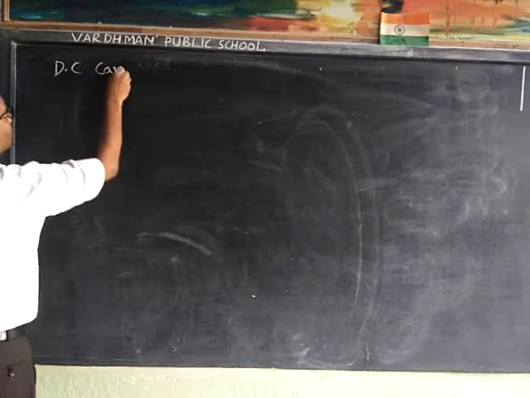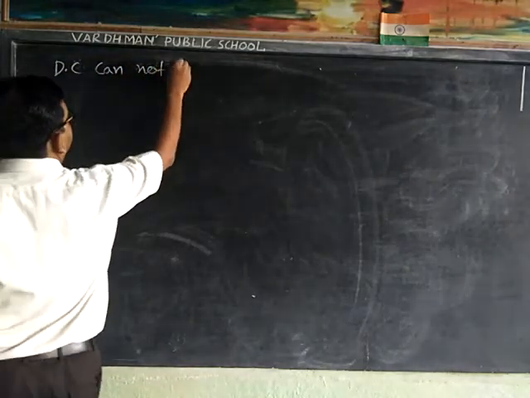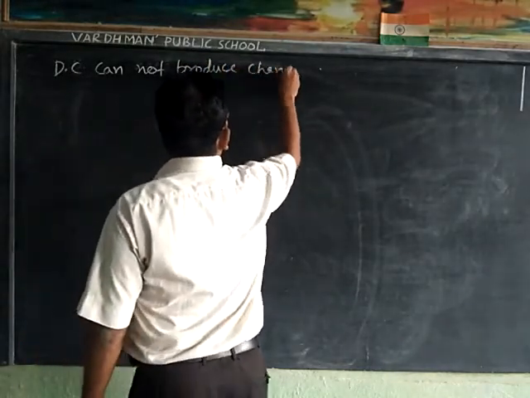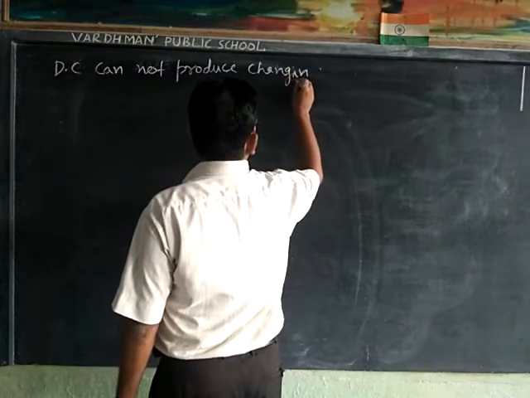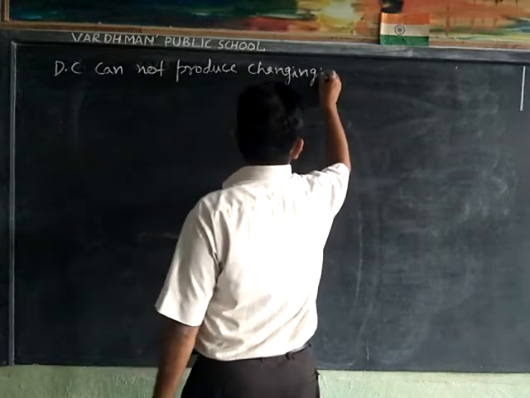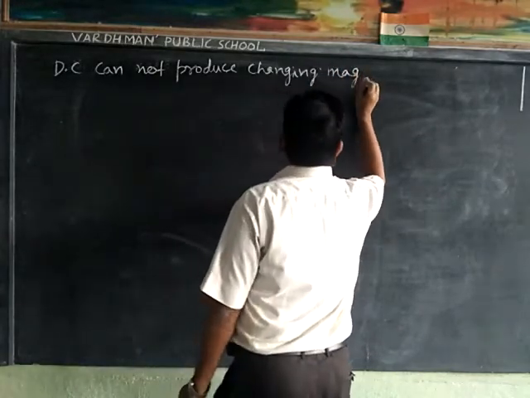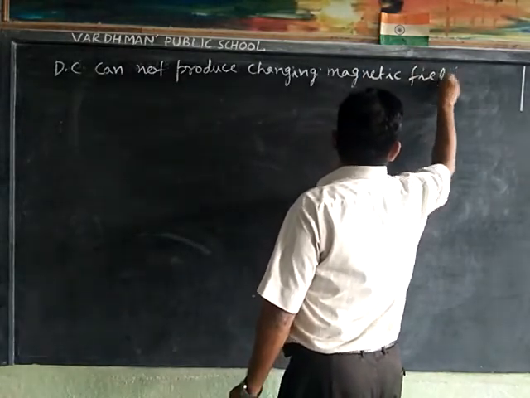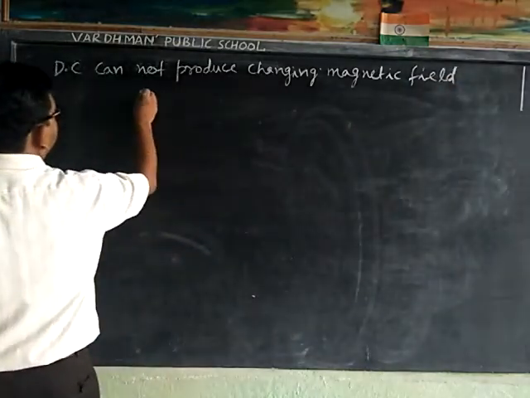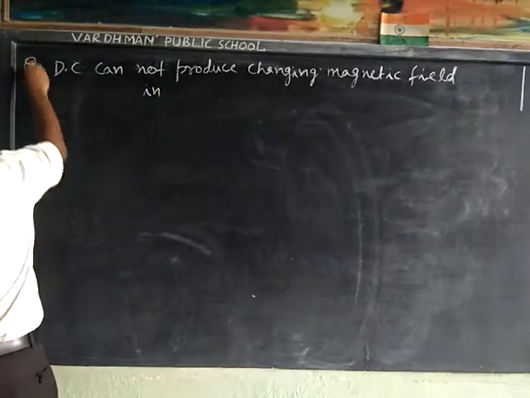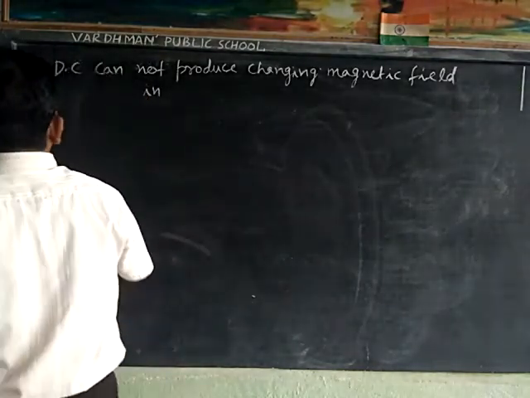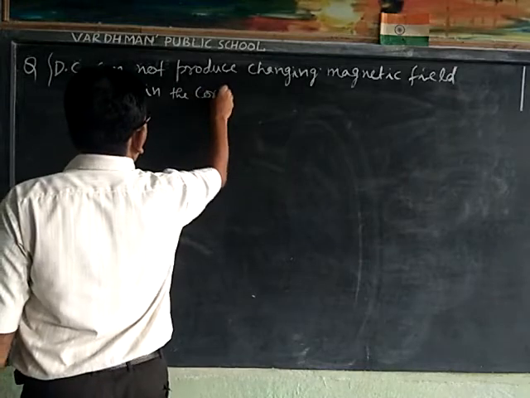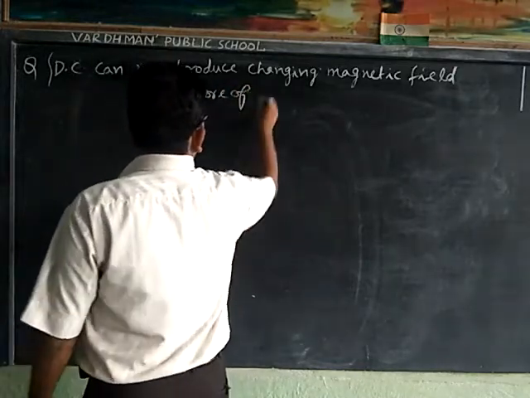DC cannot produce a changing magnetic field in the core of the transformer.